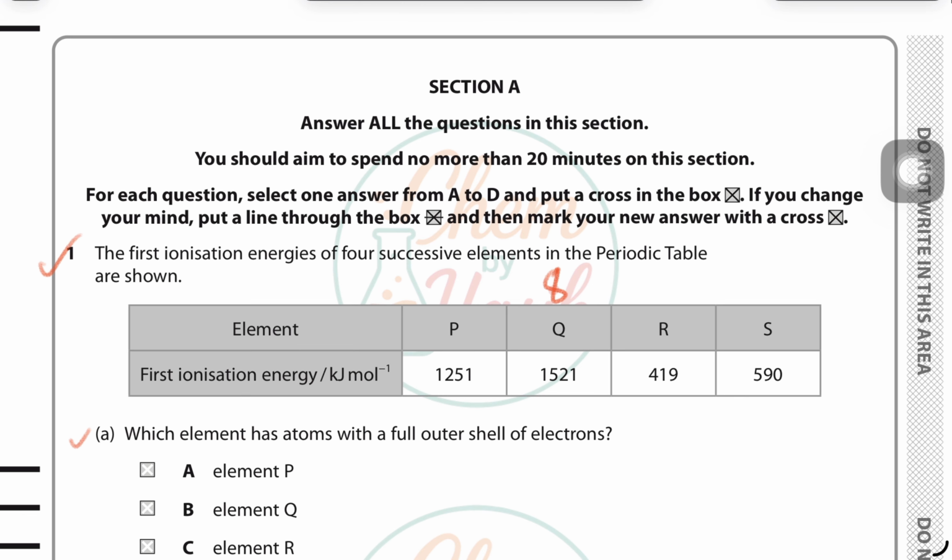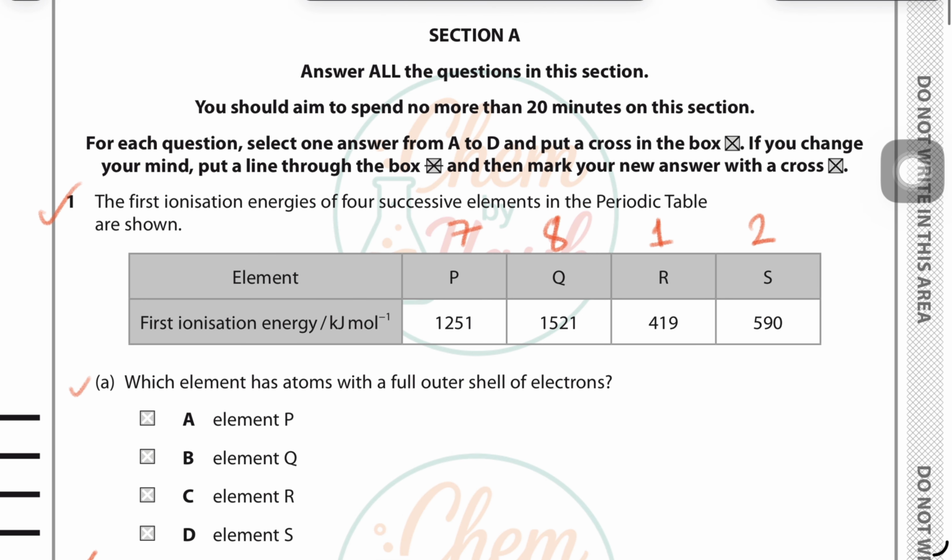So if this one is group number 8, then the one before it, which is P, should be group number 7, and the one after group 8, which is R, should be group number 1, and the next should be group number 2. That's how we figure out the group numbers, and then you answer the question.